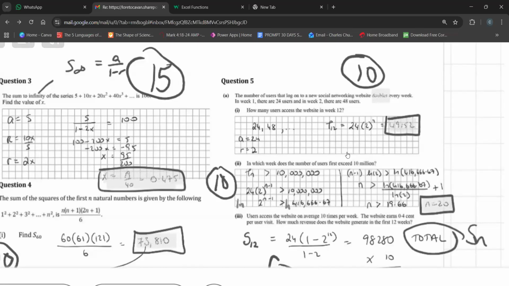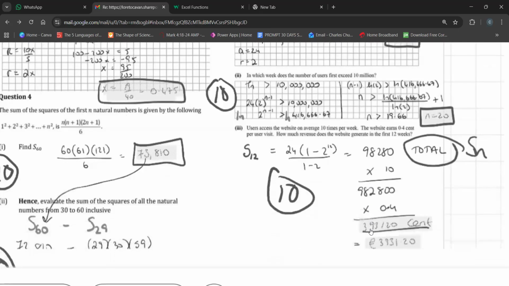Because of the n minus one on the left hand side, by the time you add one to the right hand side, that's what you will have. So the thing now is this, it has to be a whole number. That's the reason why the closest to 19.66 is what? 20, isn't it? Yes, sir. So that's why it came up to that. Okay, so that one was quite a handful too.